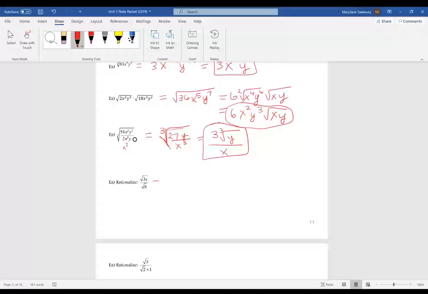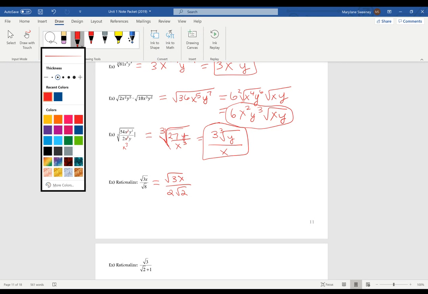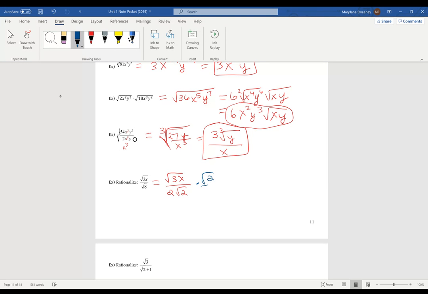Okay, so square root of 3, no, we can't do it. Square root of x, no. I don't even want to write it into one radical because I can't. 3 divided by 8, that's not going to be something I could take the square root of. So I'm going to leave it. I'm going to break down radical 8, which is 2 radical 2. And then this is where, in previous years, you can't leave a radical in the denominator, so you rationalize the denominator.